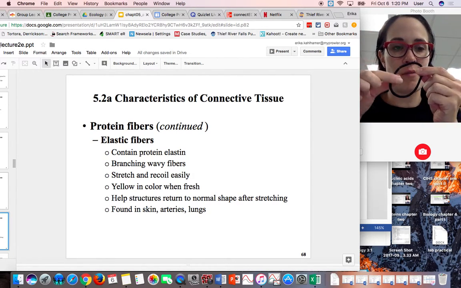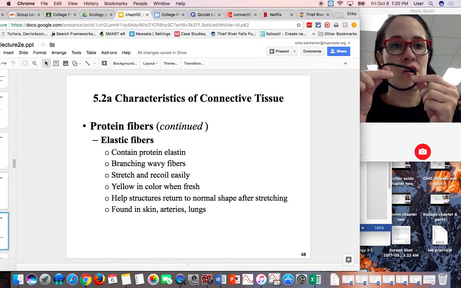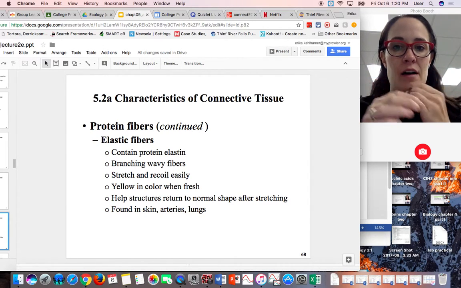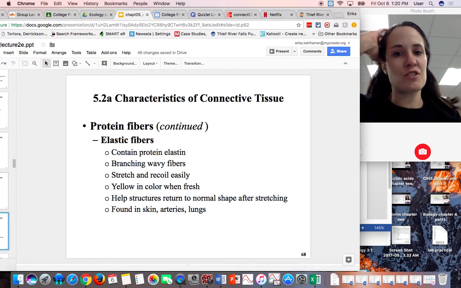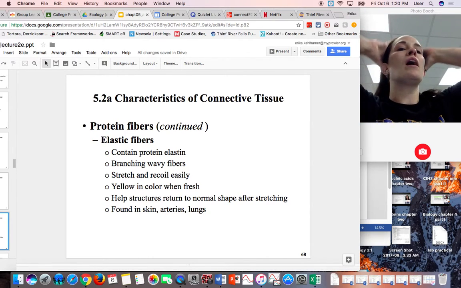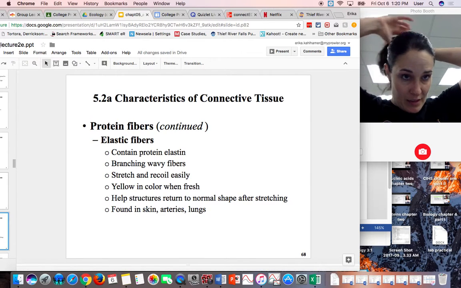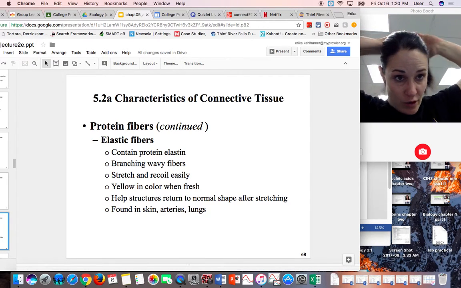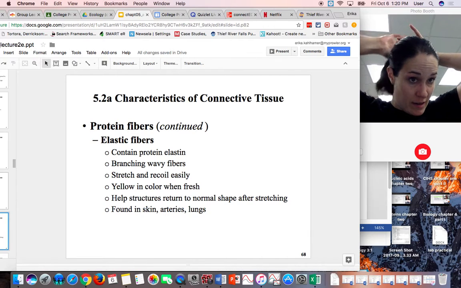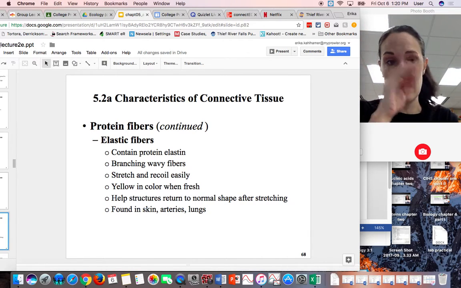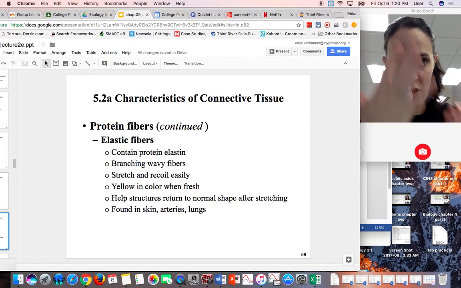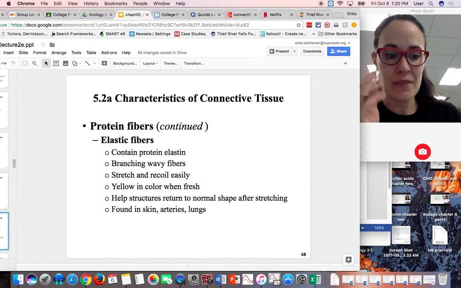Elastic fibers are able to stretch and go back to their original shape. They're yellow in color when they're fresh. They help structures go back to normal after stretching, thus elasticity. So we have a lot in your skin, your arteries, because arteries contain blood that's under high pressure, and in your lungs when the lungs get larger and then they recoil back to their original shape.